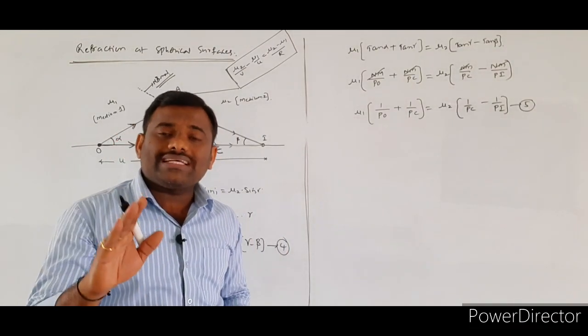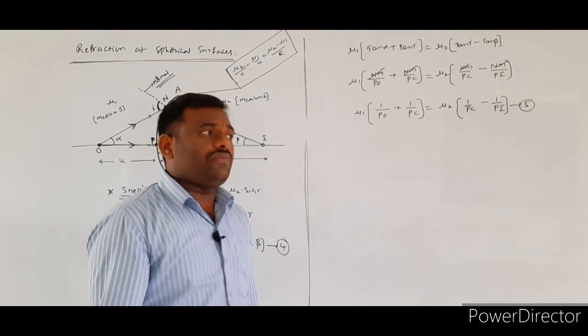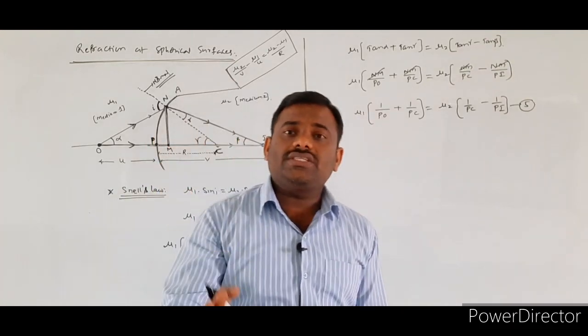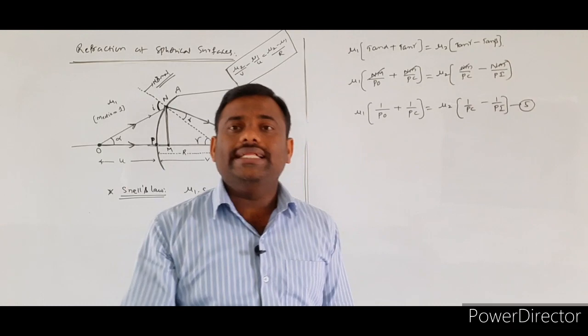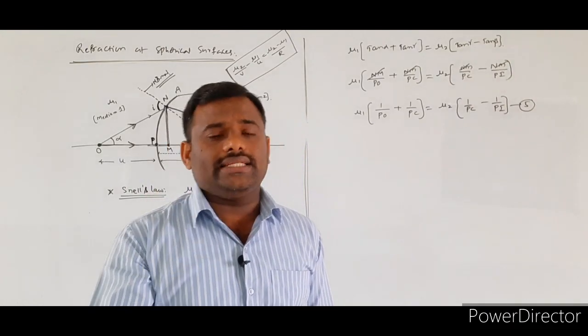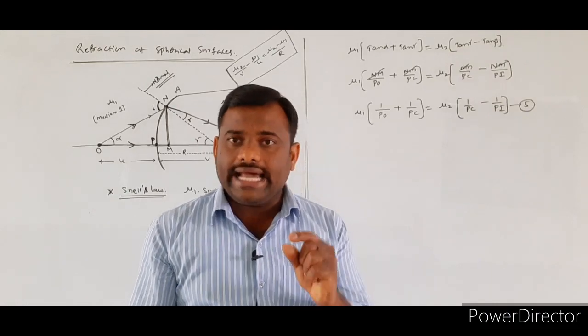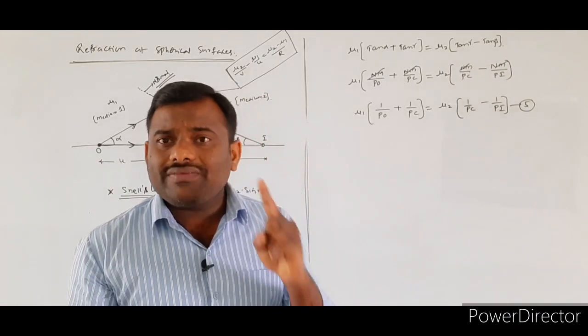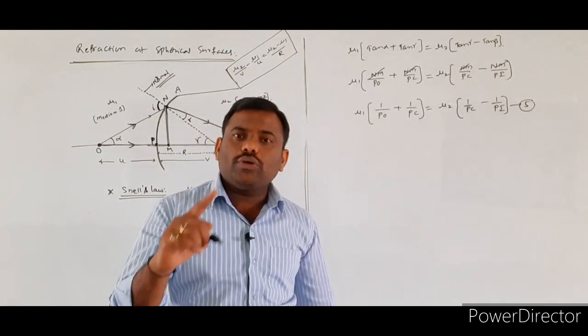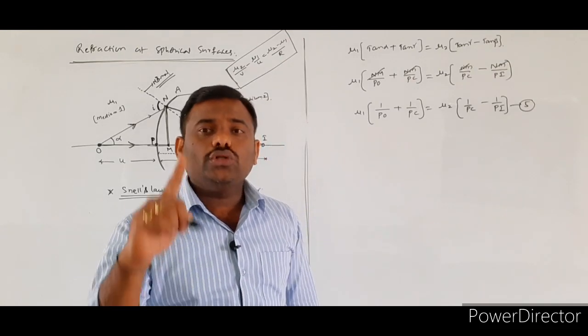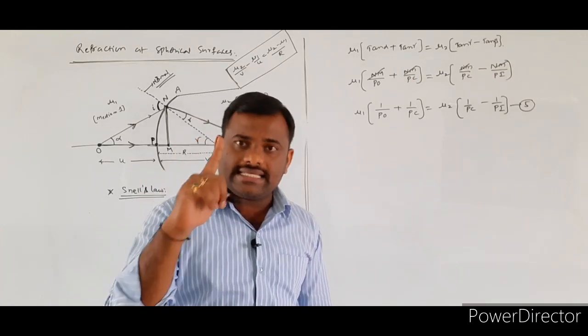According to the sign conventions, all the distances measured in the direction of the incident light are considered positive, and whatever distances are measured opposite to the direction of the incident light are taken as negative.